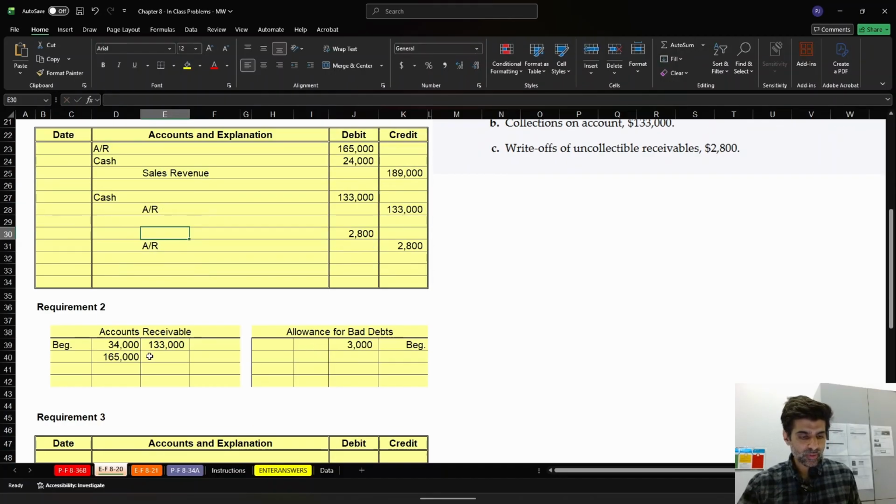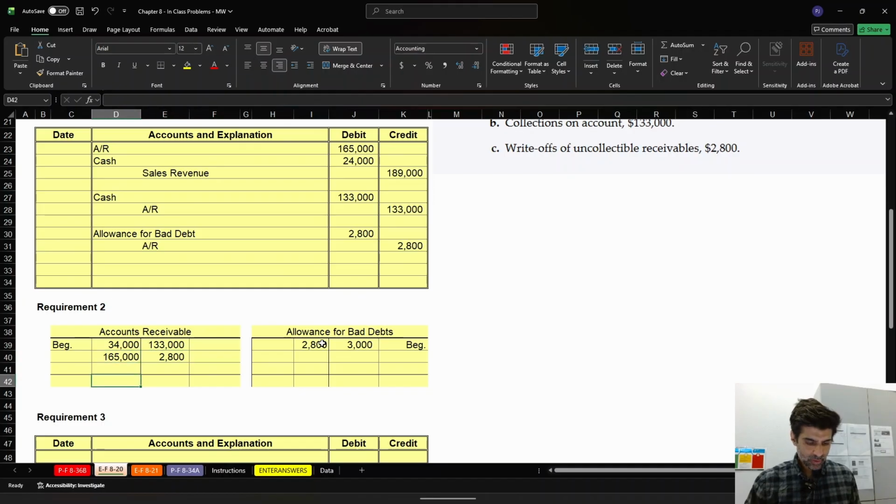We're going to reduce accounts receivable by 2,800. But we're also going to draw on this piggy bank. We have this $3,000 set up to account for that. We expected this to happen essentially, so we already have that allowance for bad debt piggy bank that we're going to debit.